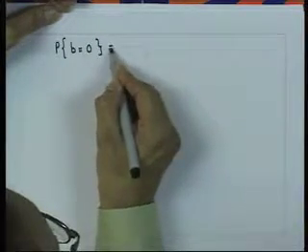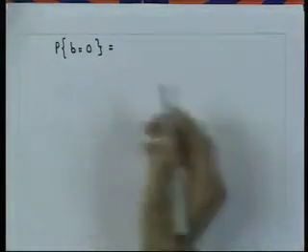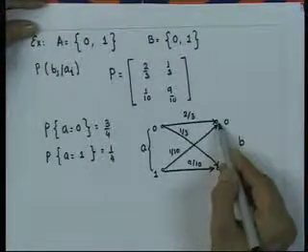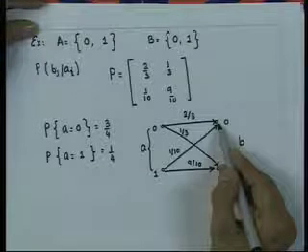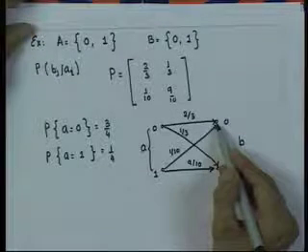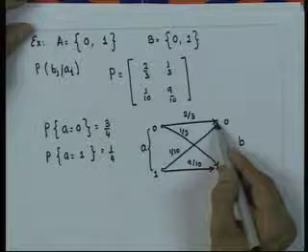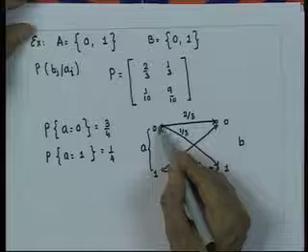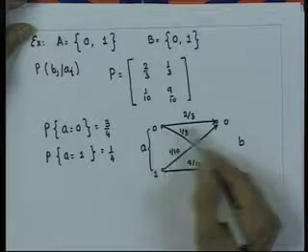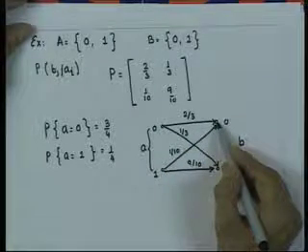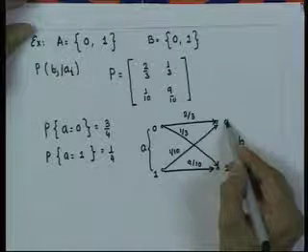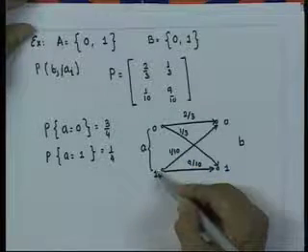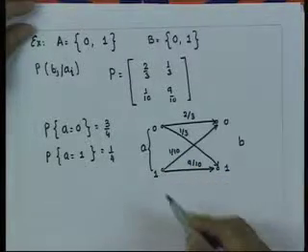Probability of B equal to 0 is equal to probability of 0 received given 0 was transmitted multiplied by probability of 0 transmission, plus probability of receiving 0 given 1 was transmitted multiplied by probability of 1 being transmitted.